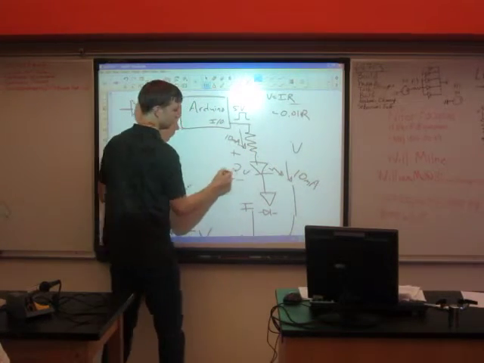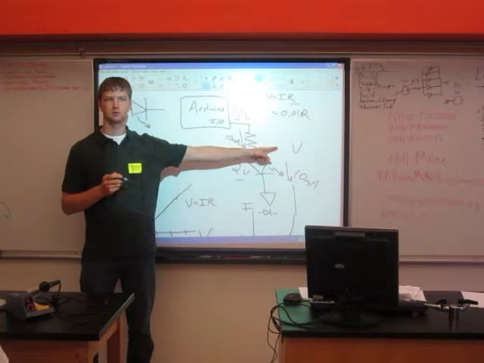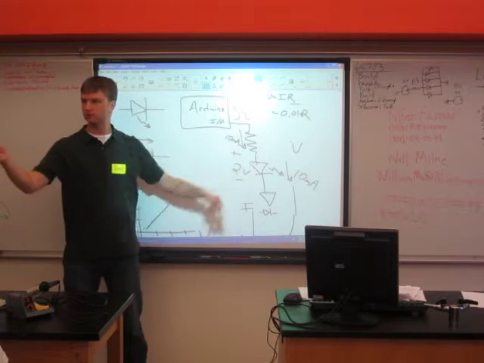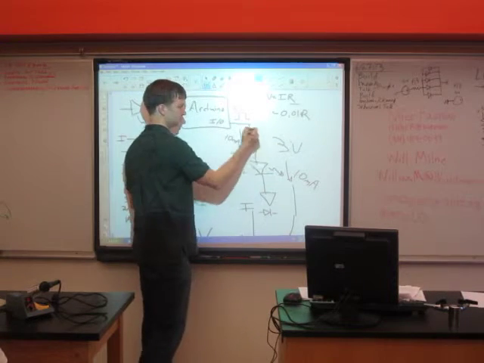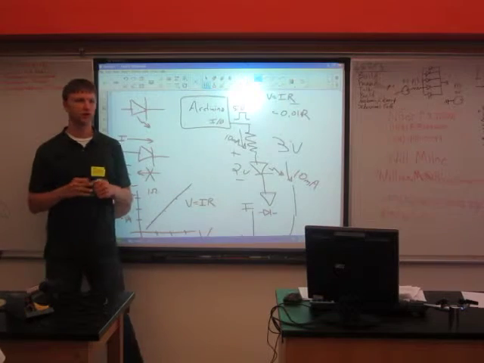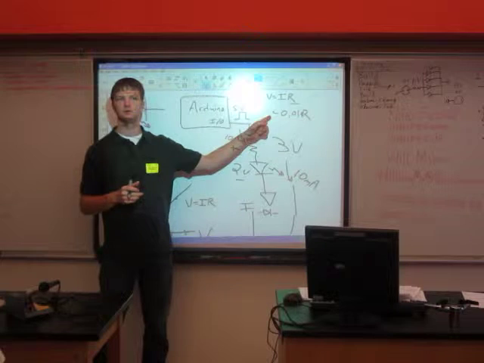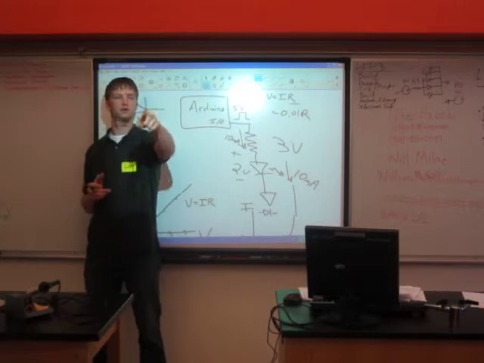So let's say this is 2 volts. How much would be here? 3, right? Because these two need to add up to 5. So we got 3 volts here, so what's this equation up here? 3V.